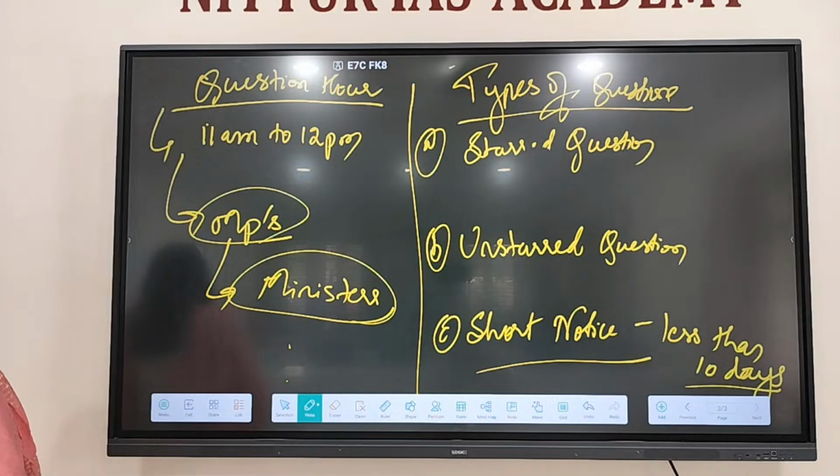Understood? Write down. Asked with short notice, that is less than 10 days, on the matters of urgent public importance. Full stop.